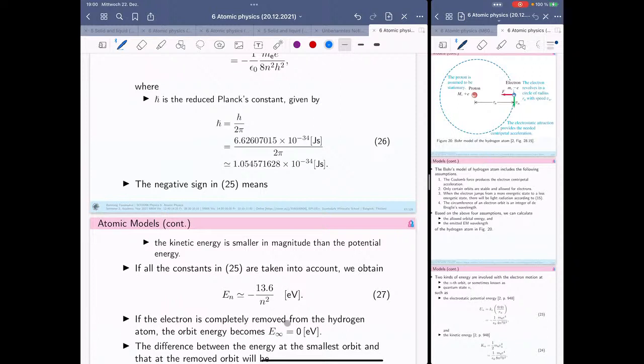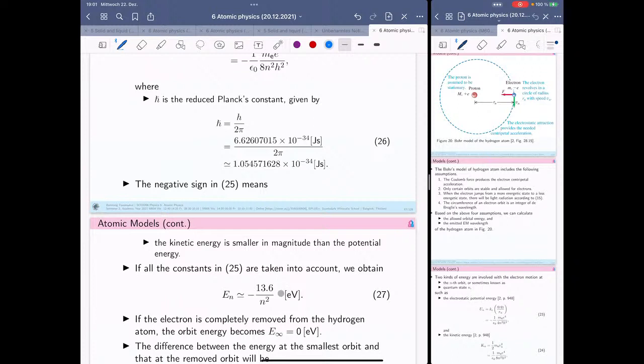If the electron is completely removed from the hydrogen atom, the orbit energy becomes E_infinity. You know that n is the principal quantum number. If n is 1, it's going to be 1 squared, so it remains 1 at the denominator, and after the division you would get minus 13.6.